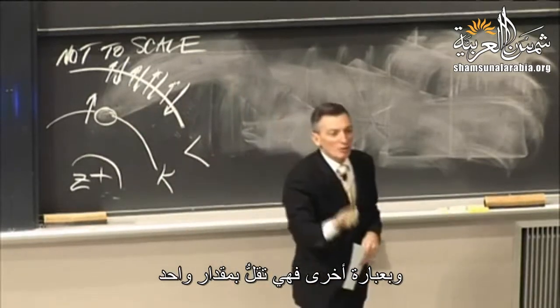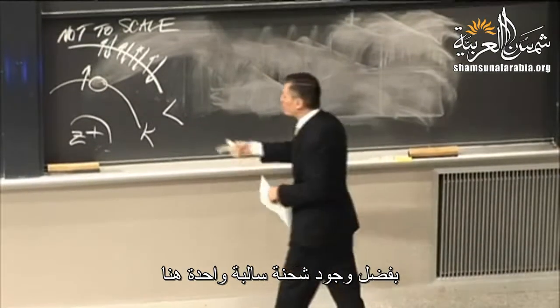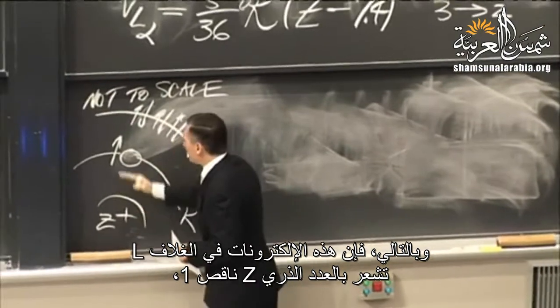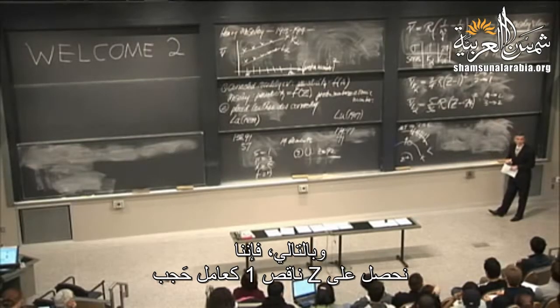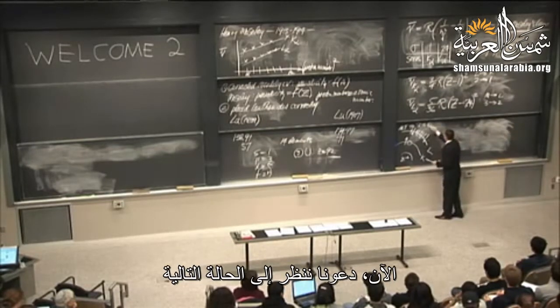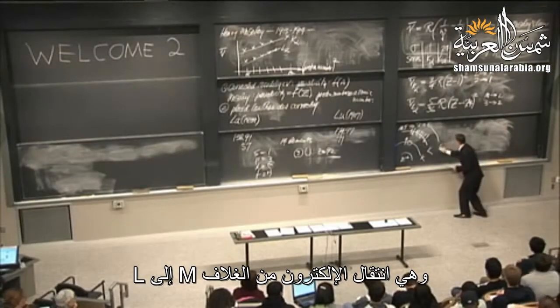In other words, it's reduced by 1, thanks to the presence of the 1 negative charge here. So these electrons in the L shell feel Z less 1, and hence we get Z minus 1 as the screening factor. It's plausible. It's at least physically consistent. Now let's look at the next one. That's the transition from M to L.